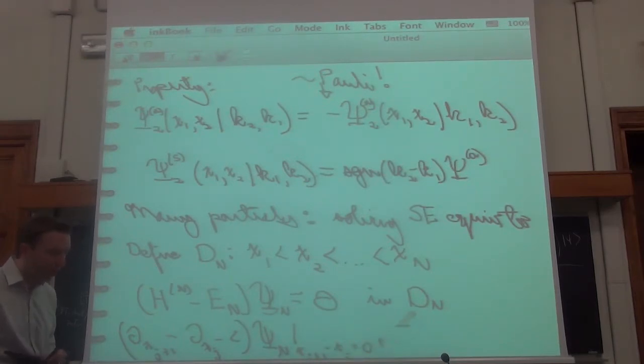This thing is equal to 0. Okay, so this is just the many particle generalization that we have.